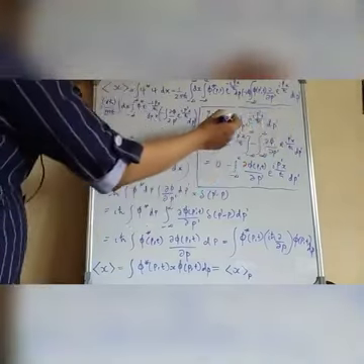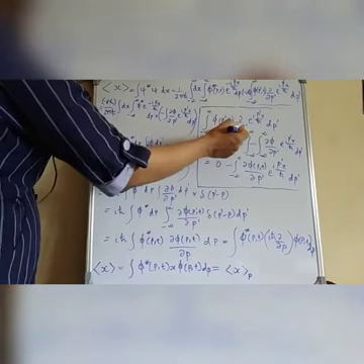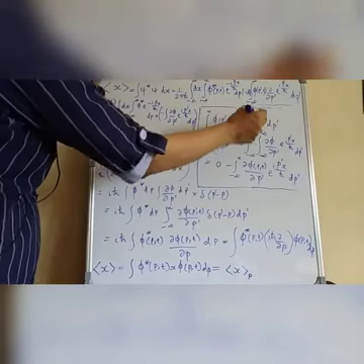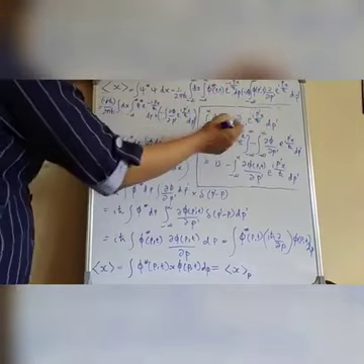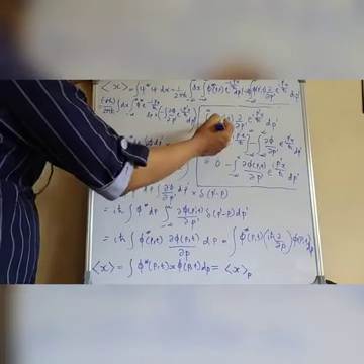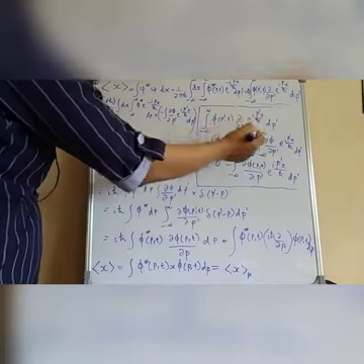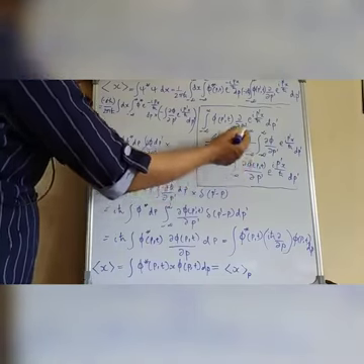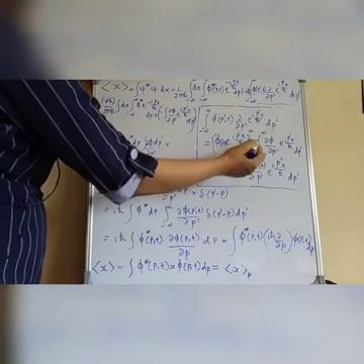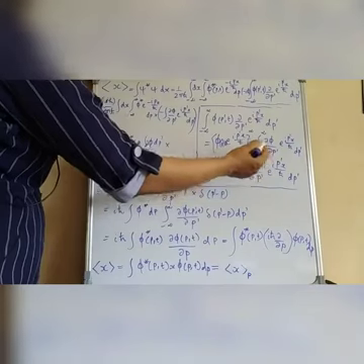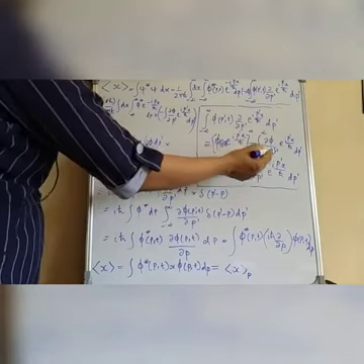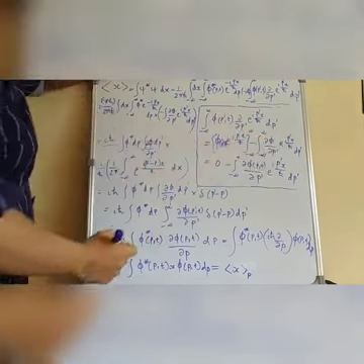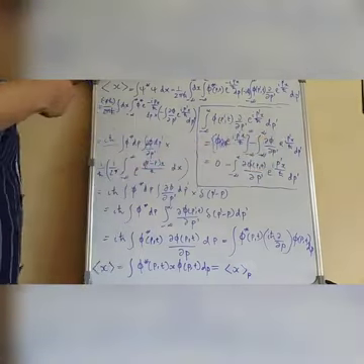So the integral of dou by dou p prime of a function dp prime means the integral and differential get cancelled, and first function into integral of the second means what we have is only the exponential. So we can apply limits here. Then minus the integral of the derivative of the first function, dou phi by dou p prime, into the integral of the second, again the exponential remains, dp prime.